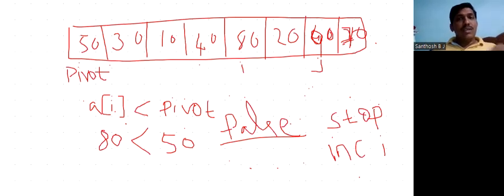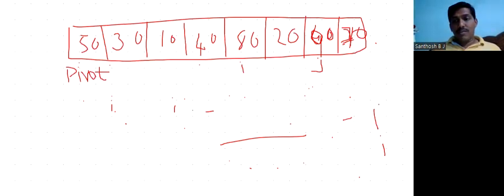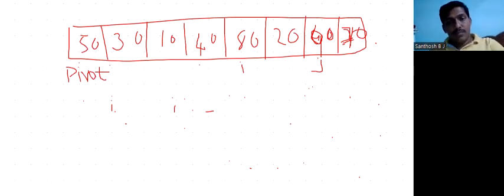Now let's move on to J. Compare with J. I think you understood now. Okay, same, consider it as comparing with the J value. Once again, I will show that. So what is the value of J? So what is the condition?